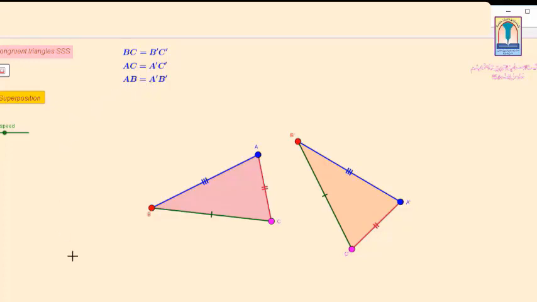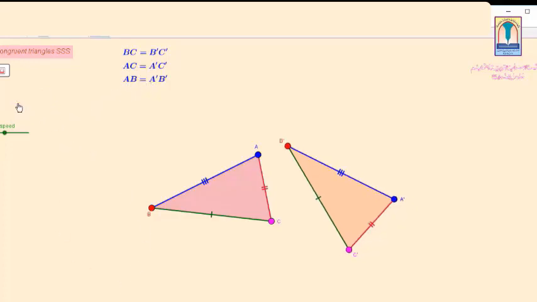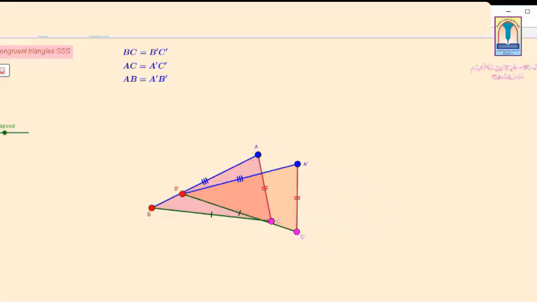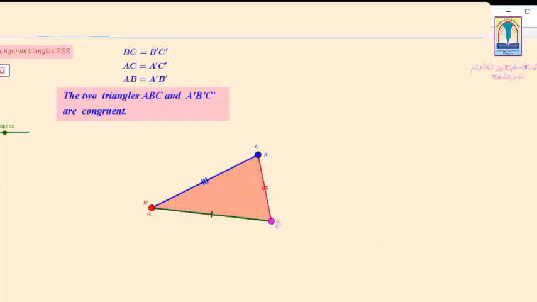Let us check if they are identical now in shape and size. Yes, these two triangles are identical. Then we could say that the two triangles ABC and A'B'C' are congruent by the method SSS.